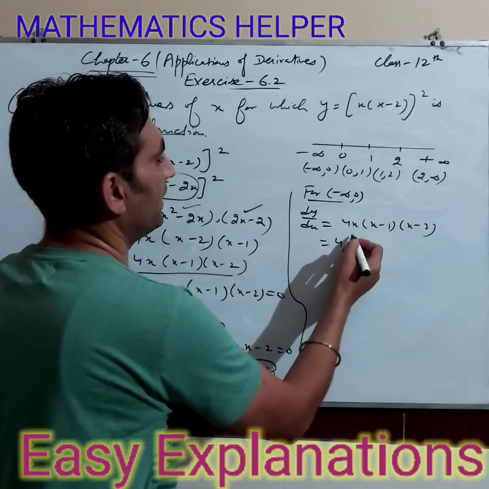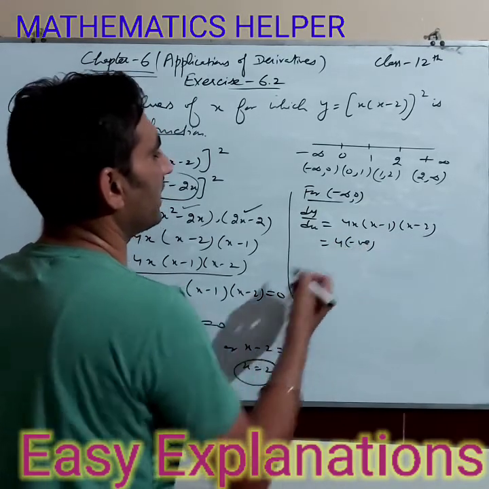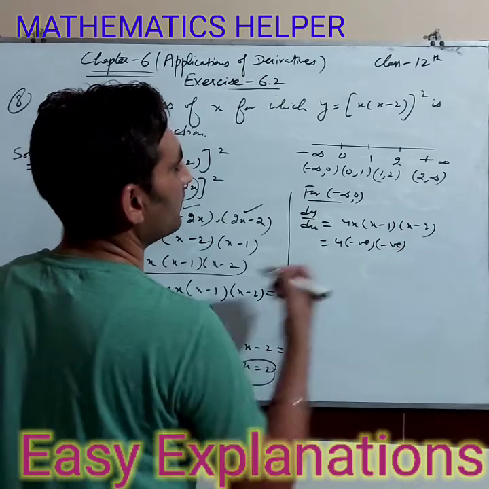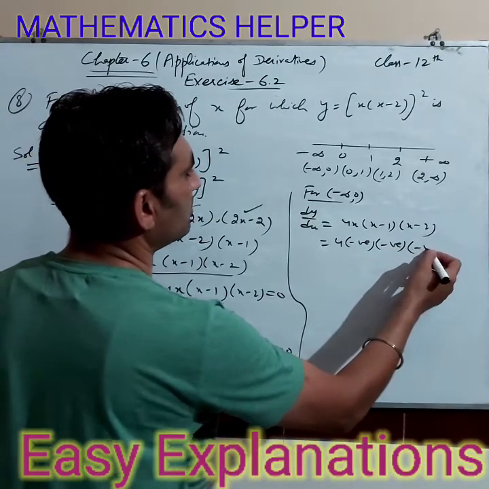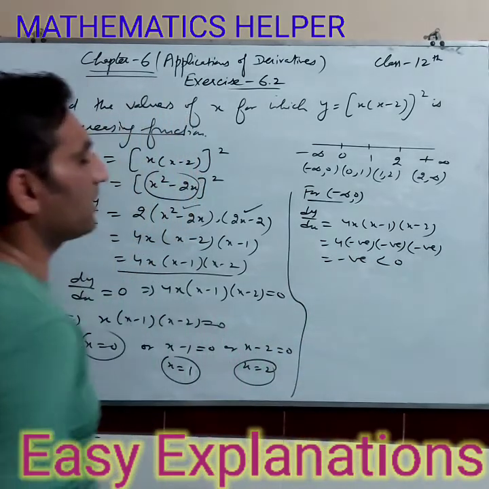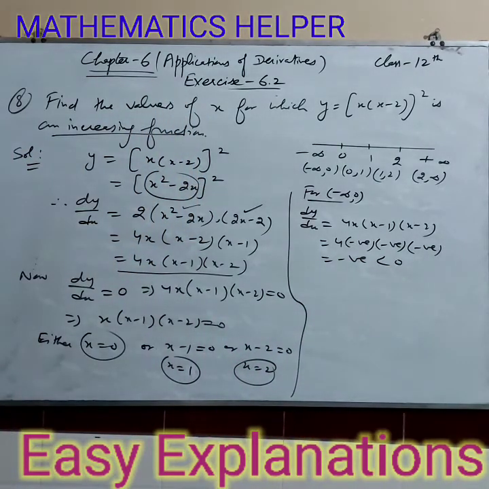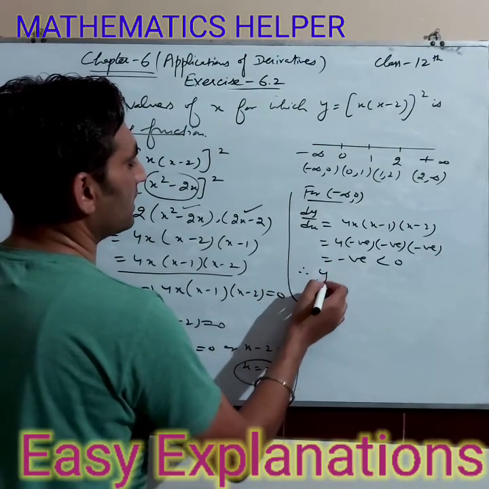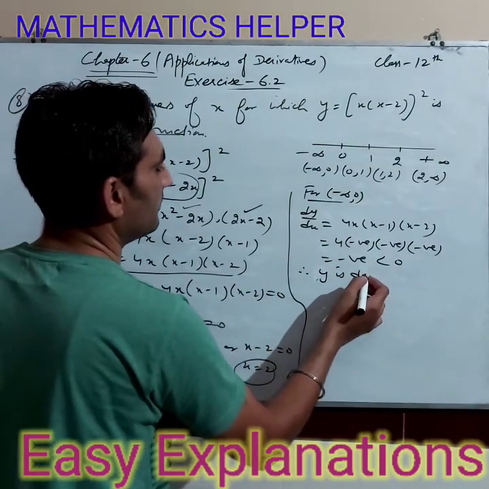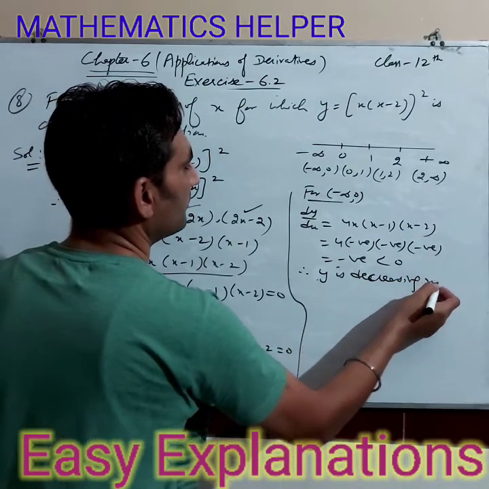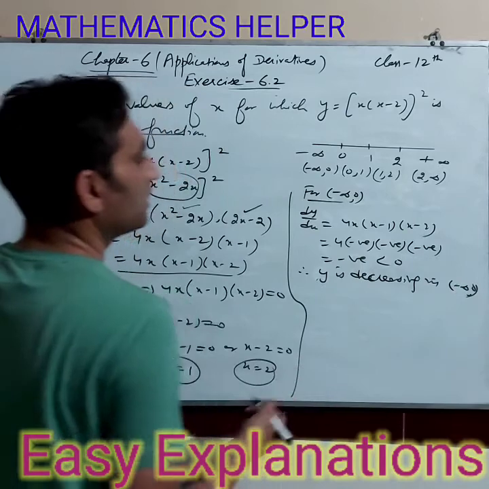This x will be negative, then minus 1 minus 1 is negative, minus 1 minus 2, minus 3 negative. So ultimately whole sign will be negative. Therefore we can say y is decreasing in minus infinity to 0.